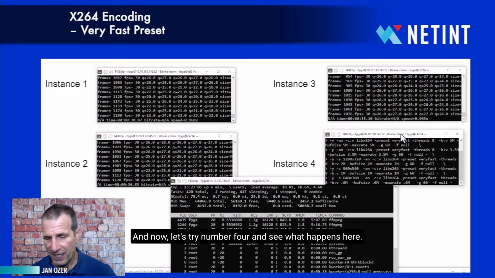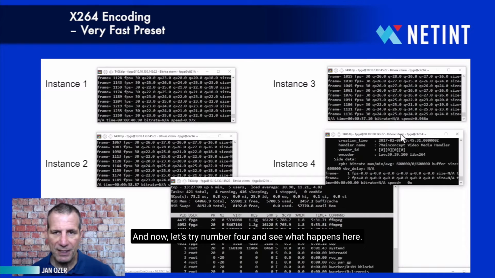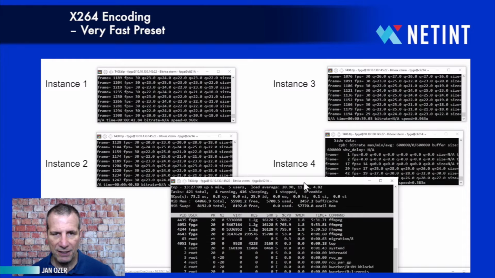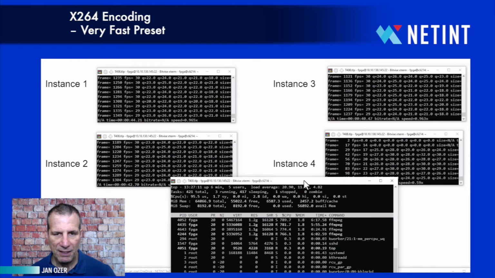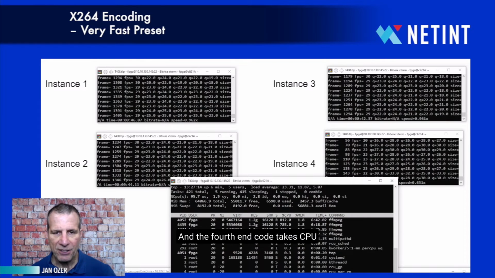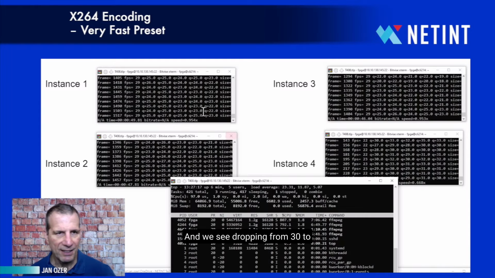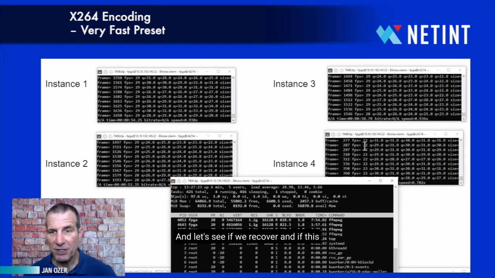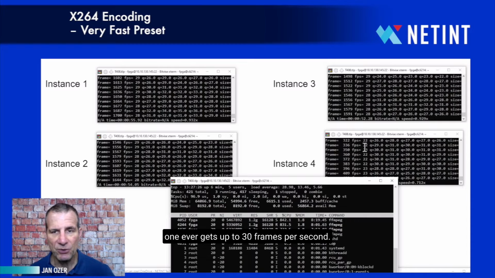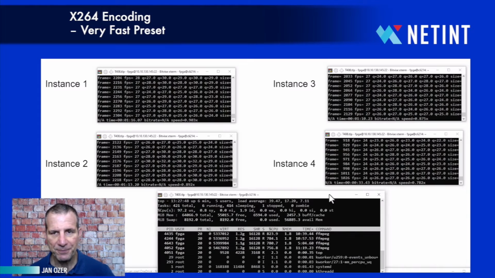And now let's try number 4 and see what happens here. The 4th encode takes CPU resources away from all the others, and we see them dropping from 30 to 29 here, from 30 to 29 here. Let's see if we recover and if this one ever gets up to 30 frames per second.